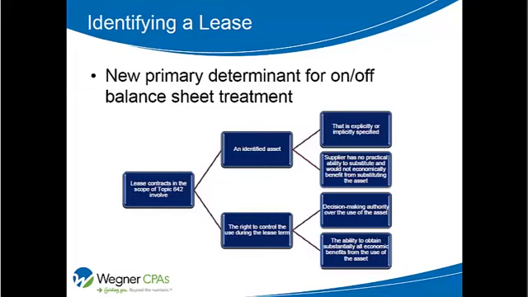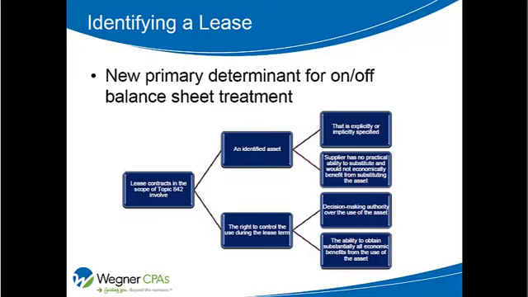Okay, so an identified asset means it's explicitly or implicitly specified in the contract. So if you think about like a leased vehicle, they specifically tell you the VIN number of the vehicle normally in that lease agreement. So again, the asset has to be explicitly or implicitly specified.